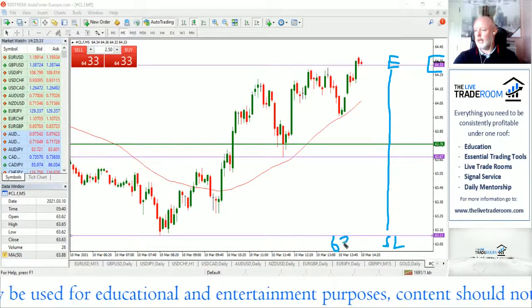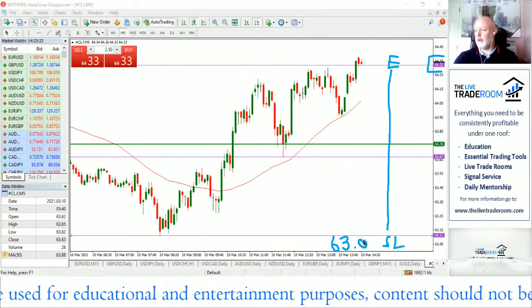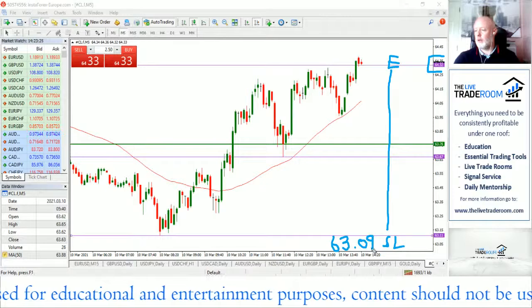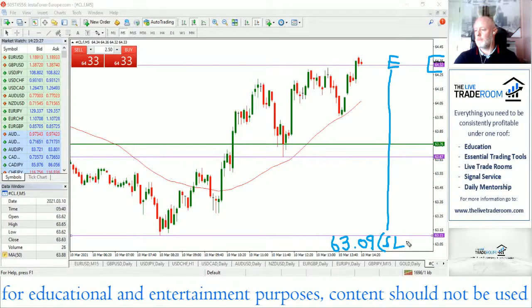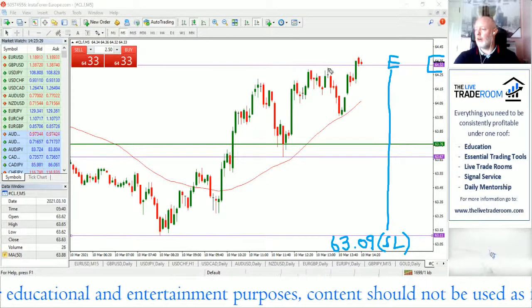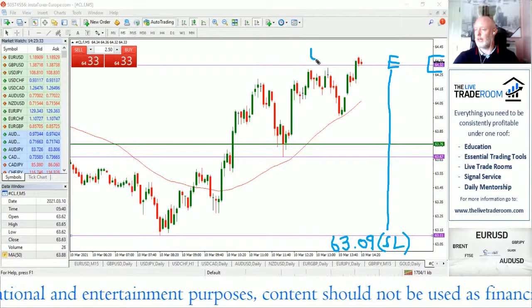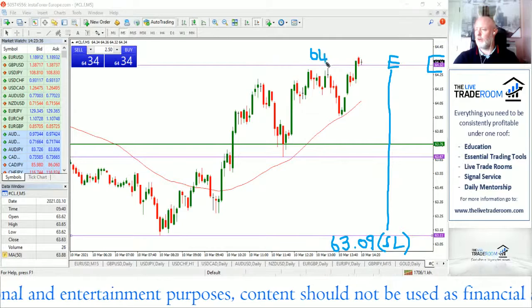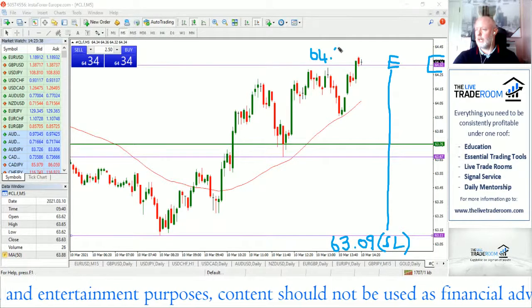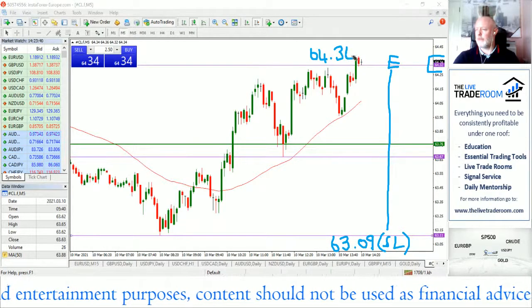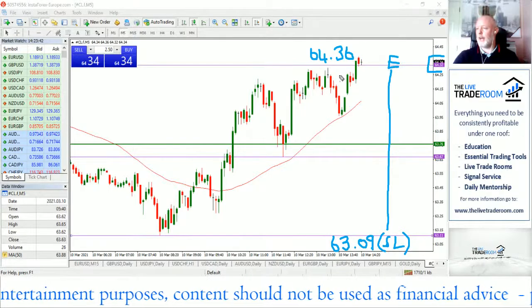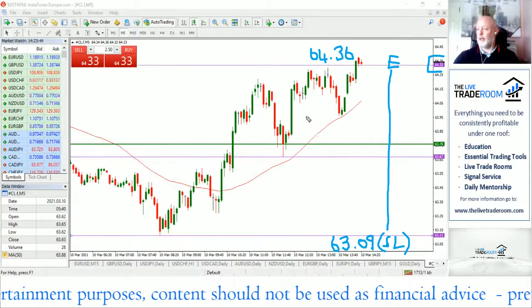So we put that in here. 63.09 is our stop loss, and our entry is something along the lines of 64.36. So that's our potential entry, and that's our potential stop loss.